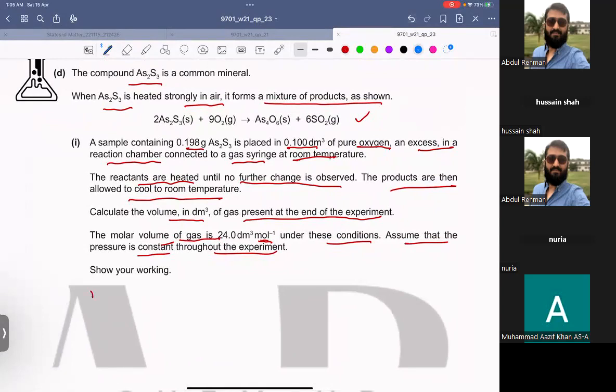Then you can find the moles of As2S3 first. Its mass is 0.198 grams.